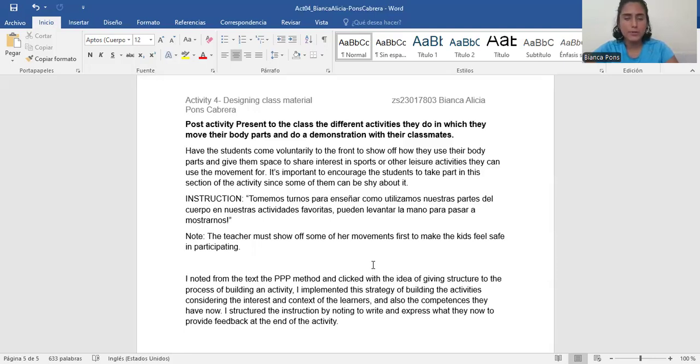And it is also really important to note that I, as a teacher, will be showing off my very own movements first, so that kids feel safe in participating. It's the same as an example. So I'll say, this is my elbow, and I use it to move my arm this way, and maybe to take hold of my arm.